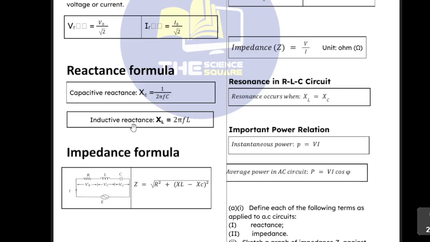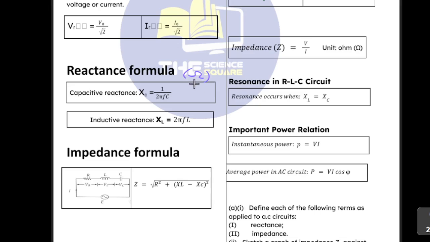Also, inductive reactance is denoted by XL, and the formula is 2 pi f L, where L is the inductance of an inductor. XL and Xc both have the unit of ohms. They are measured in ohms.